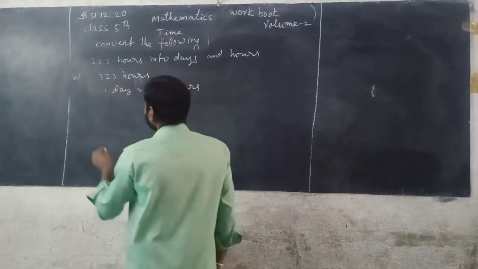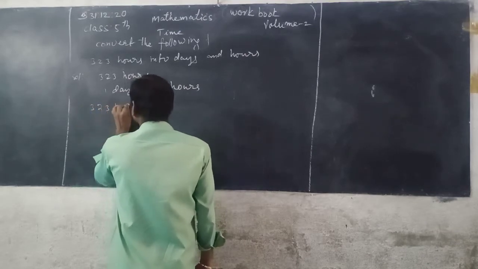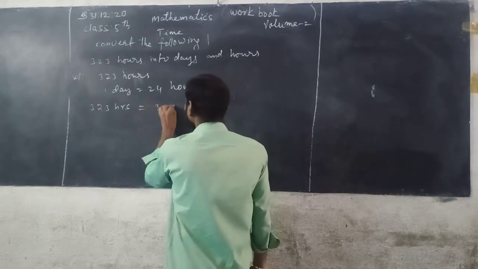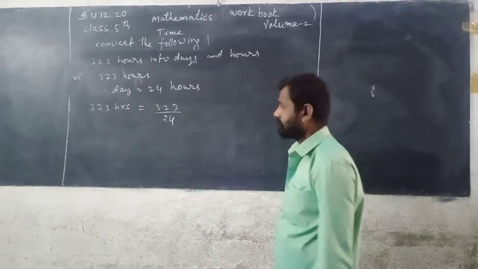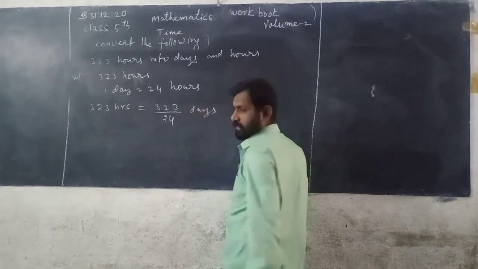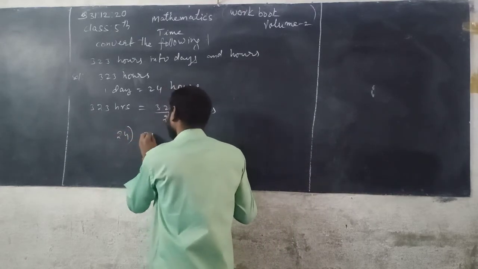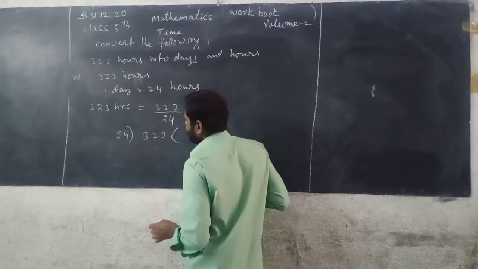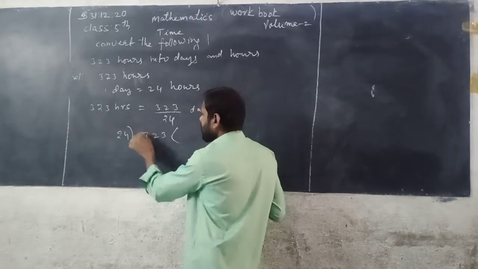Then 323 hours is equal to 323 by 24. We have to take in the dividend from left to right 2 places, that is 32.